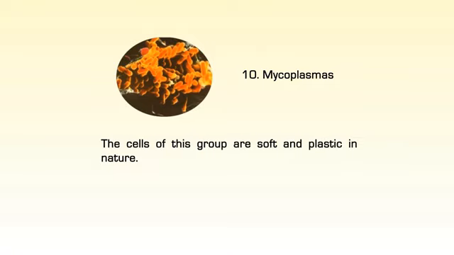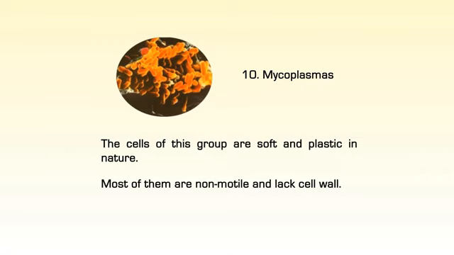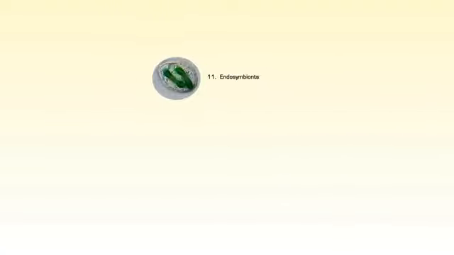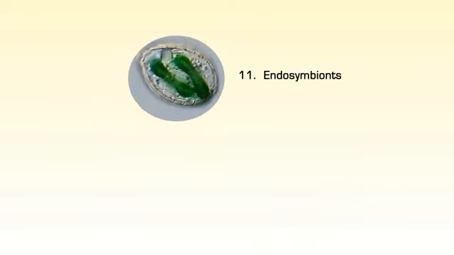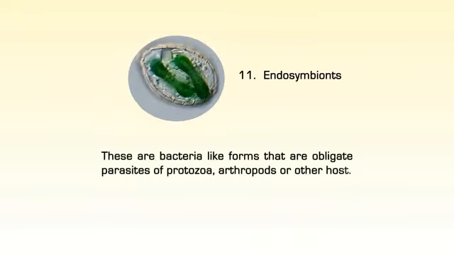The cells of this group are soft and plastic in nature, and most of them are non-motile and lack cell wall. So the bacteria under this are mostly parasitic or saprophytic in nature. Finally is the endosymbionts. Bacteria under this are obligate parasites, that is the strict parasites of protozoa, arthropods or other hosts.